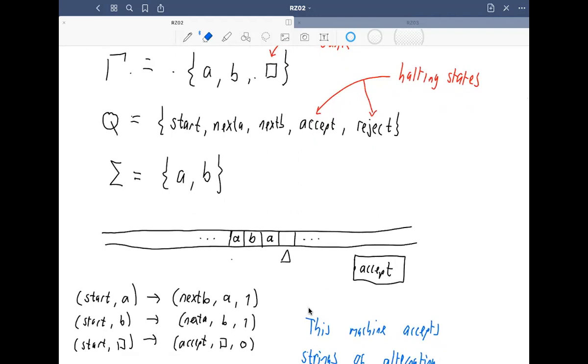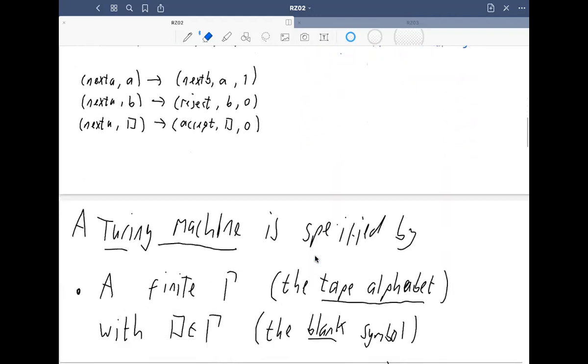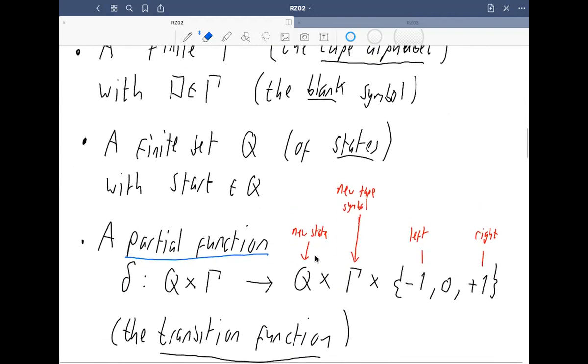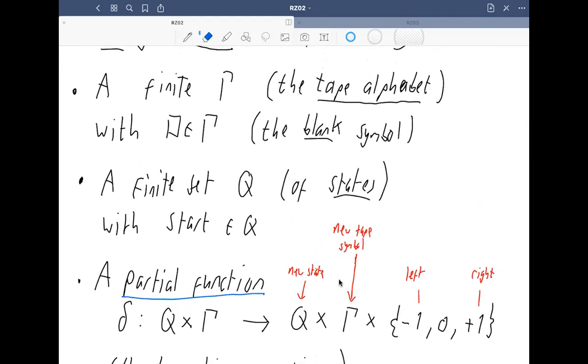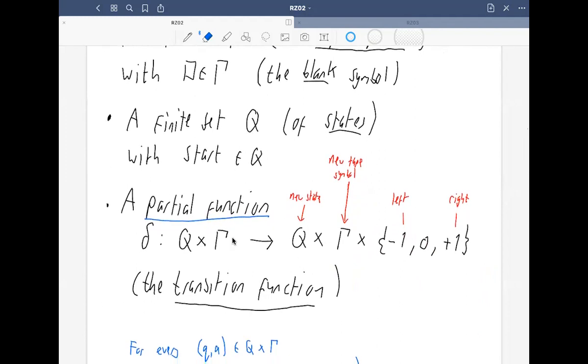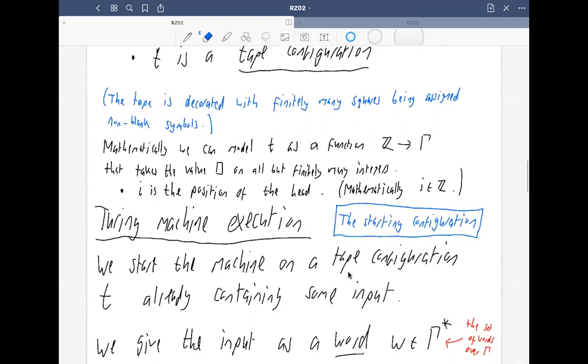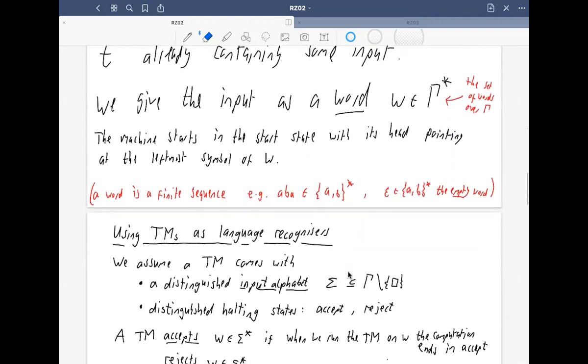You did plenty of playing around with Turing machines, so you're now very familiar with the notion of a Turing machine. The mathematical definition of a Turing machine requires saying what the alphabet is for the tape, what the states are, and what the transition function is. Once we've got a Turing machine, we know how to execute it.